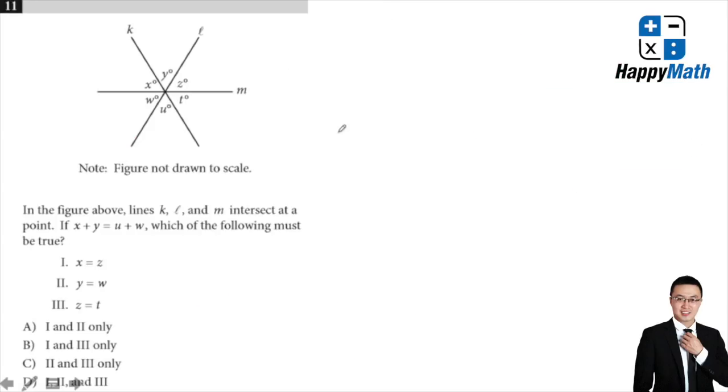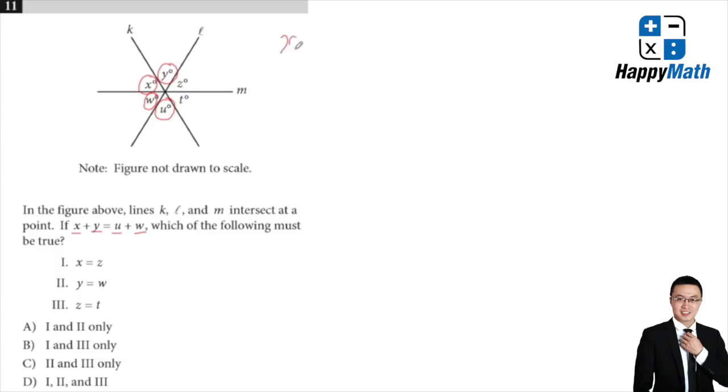11. We have the figure with intersecting lines, x plus y equal to u plus w. This one and this one will be equal together. Okay, because we have here y equal to u, because they are vertical opposite angles, it is quite easy.